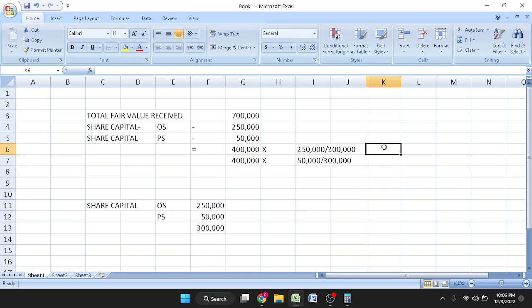So using that, we could assume that 400 times 250 divided by 300 should yield here 333, and this should yield 400 times 50 over 300. So the total would be that.